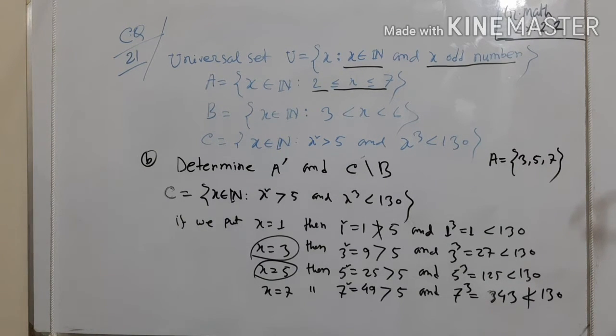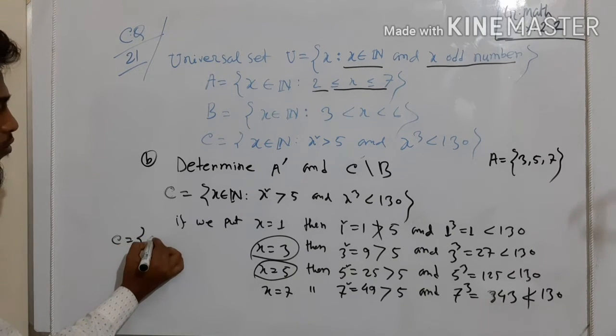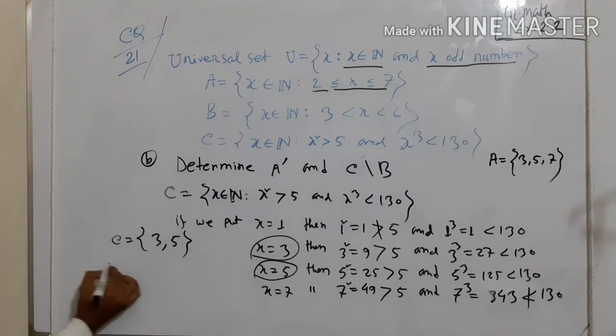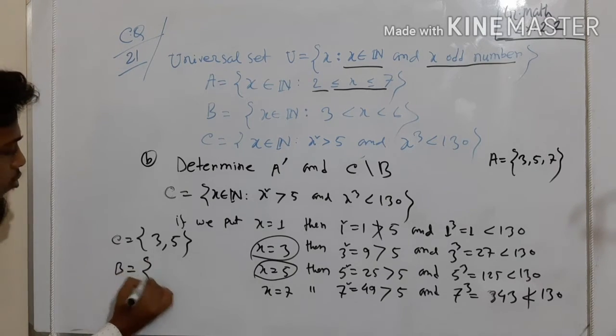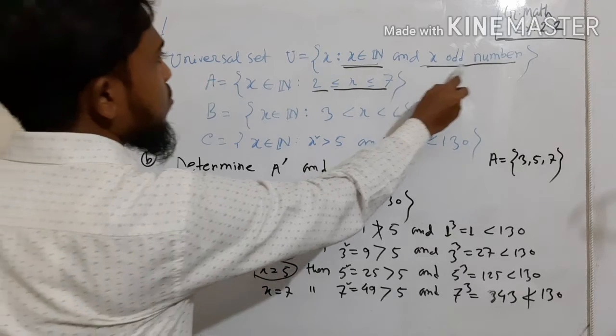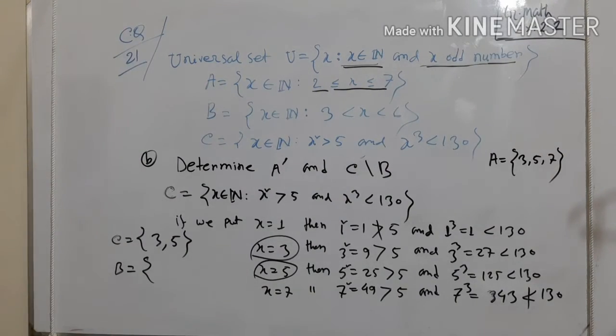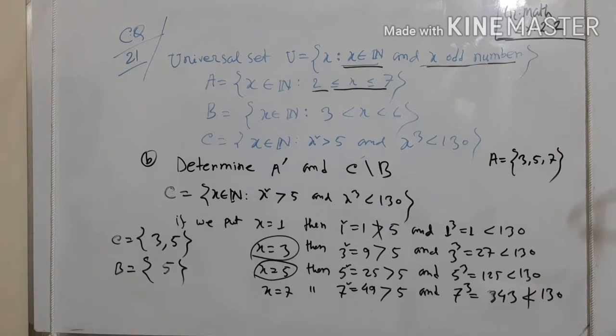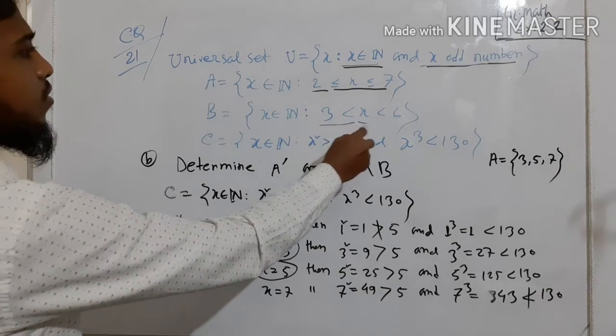So our C set equal to {3, 5}, and B set equal to, here x is in N and x is an odd number. Here 3 is less than x is less than 6.